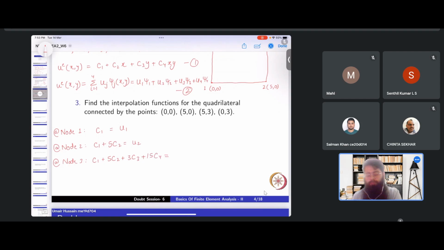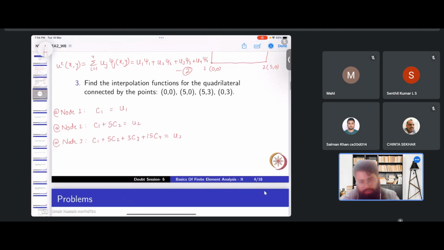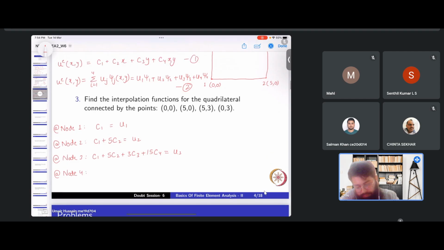And that equals, using equation 2, what do we get? The value of u is u3, right? Now at node 4, using equation 1, x equals 0, so we have only two terms, c1 and c3y. c3y is 3c3, and this again equals u4, using equation 2.